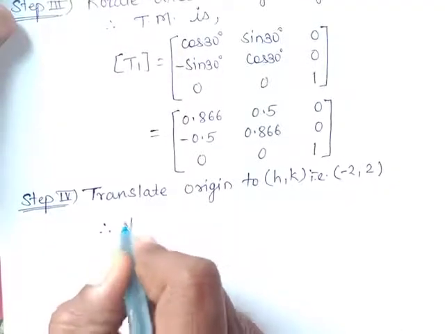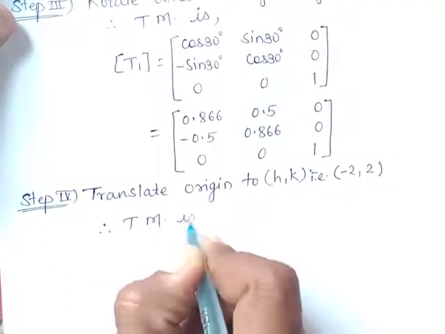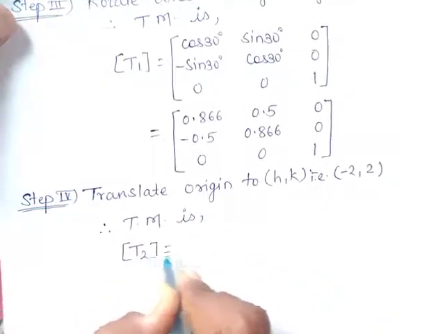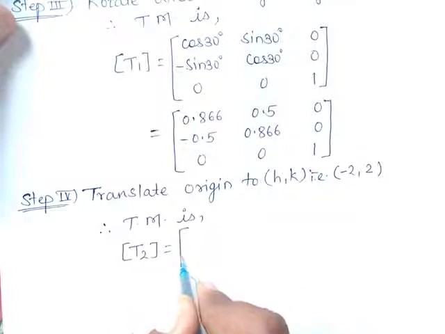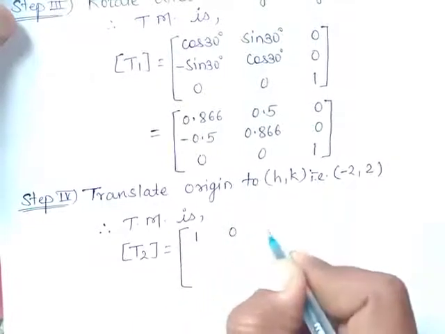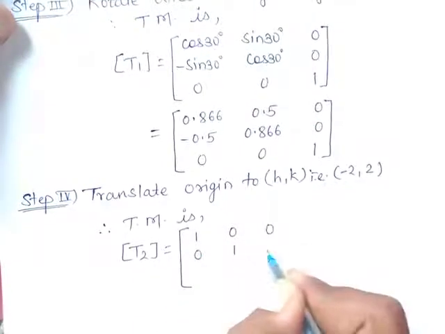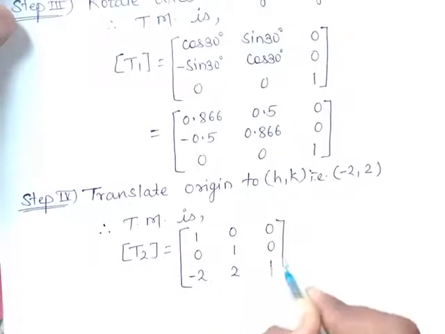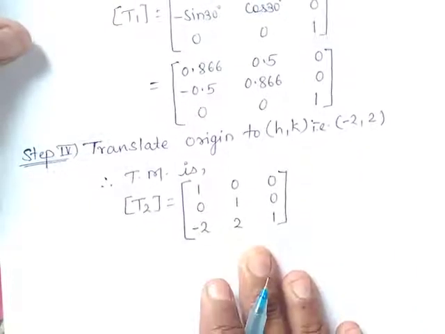Therefore, the transformation matrix T2 is 1, 0, 0, 0, 1, 0, minus 2, 2, 1. This is our transformation matrix there.